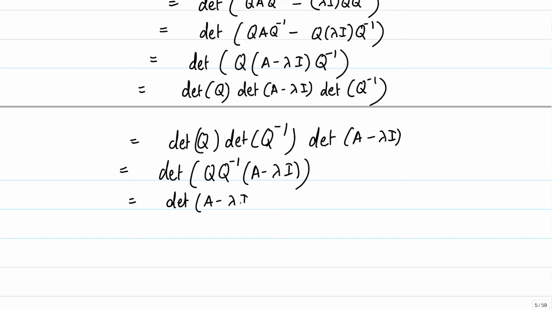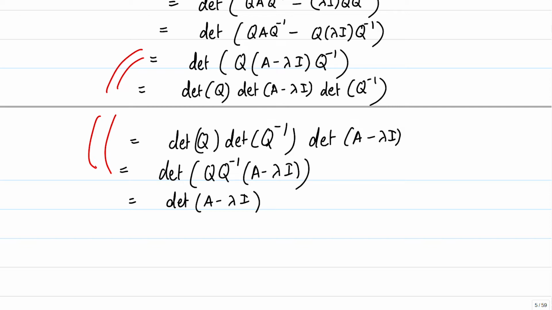So, one question you might be wondering about is, why did we not write this equal to this directly? Because we do not know how A minus lambda I looks. Based on the complexity of A, A minus lambda I need not commute with Q or Q inverse.